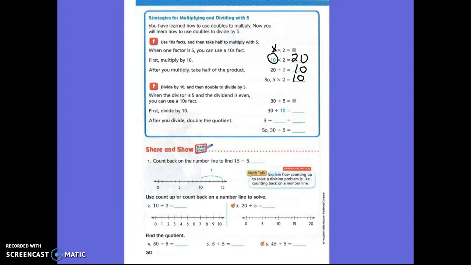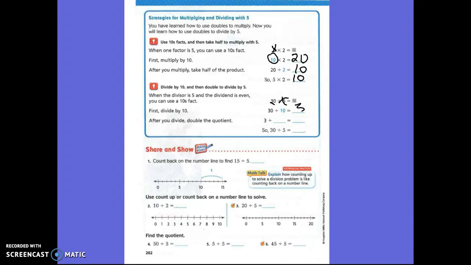The other way, they said, is divide by 10, and then double to divide by 5. So if the divisor is 5, and the dividend is even, you can use a tens fact. They're saying it only works if the dividend is even. So 30 is even, so you could do 30 divided by 10 instead of 5, and that would be what? 3.